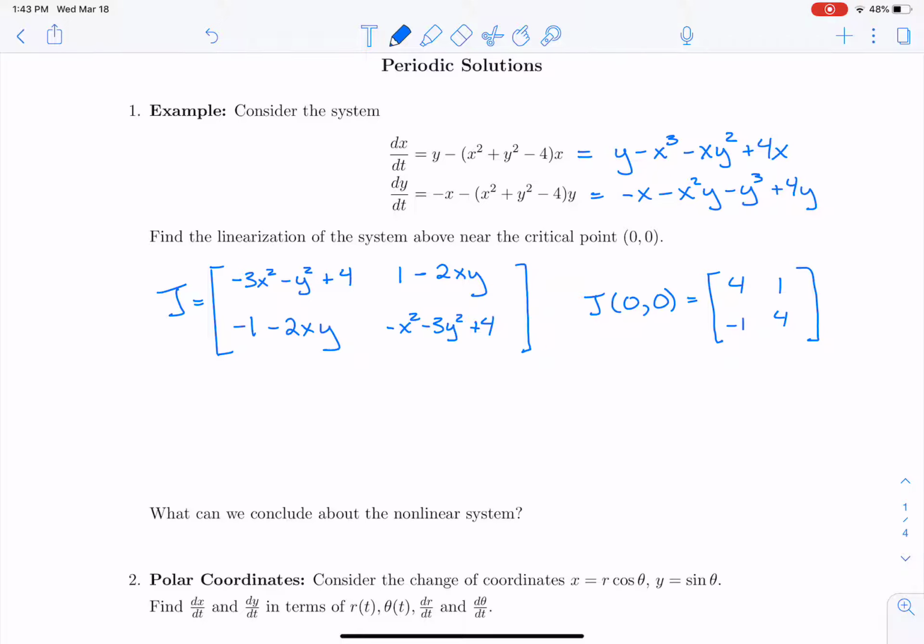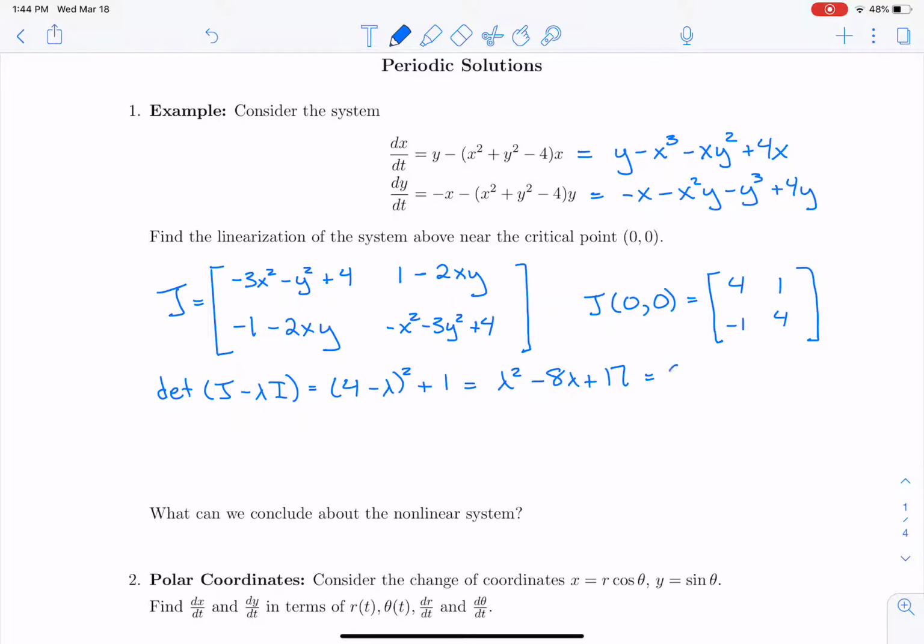I'm going to try to figure out the eigenvalues for this system, so I'm going to take the determinant of J minus lambda I. That's going to equal (4 minus lambda) times (4 minus lambda), or (4 minus lambda) squared, plus 1. And if I expand that out, I'm going to get lambda squared minus 8 lambda plus 16, and plus 1 gives me plus 17.